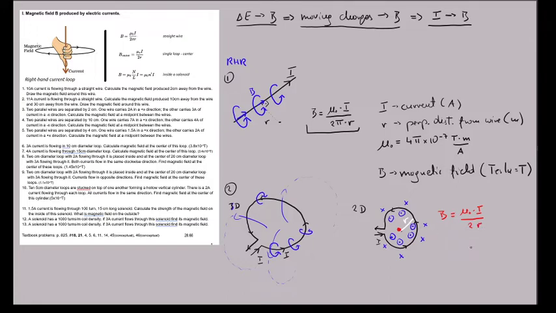R is the radius of the circle, so I'm going to put now, the rest is going to come in black color, so R is the radius of the loop, I is the current, and B is the magnetic field.